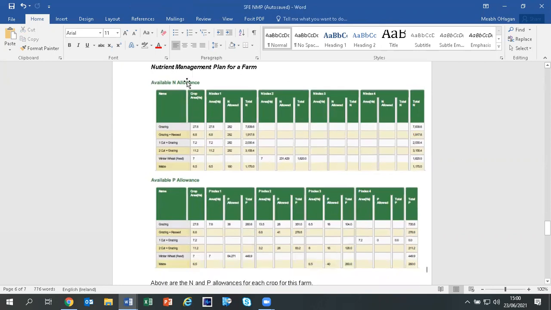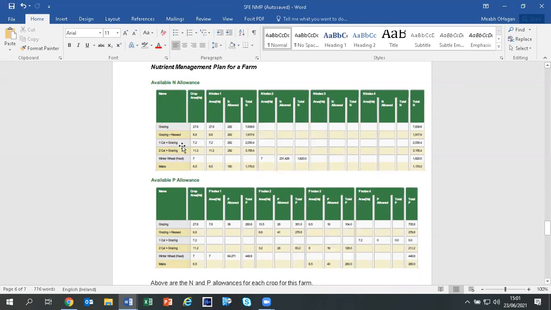So basically here what we are looking at is the available nitrogen allowance and the available phosphorus allowance that is permitted for this farm. It's given us a breakdown of all of the different uses of the land. So there is grazing ground, grazing and reseed ground, first cut and grazing, second cut and grazing, winter wheat and maize.